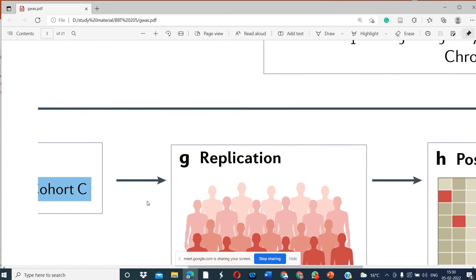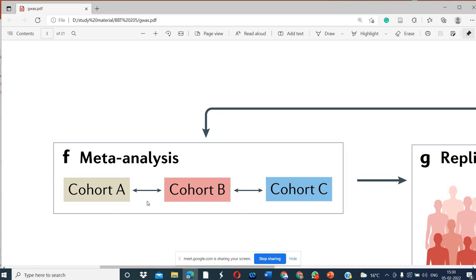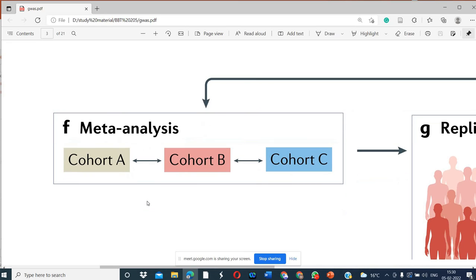And then we do the meta-analysis, a more refined analysis using the association data and principal component analysis data. We further analyze that data, and that is called meta-analysis. We are applying a lot of methods, multiple methods, and we are also taking a large set for the analysis.